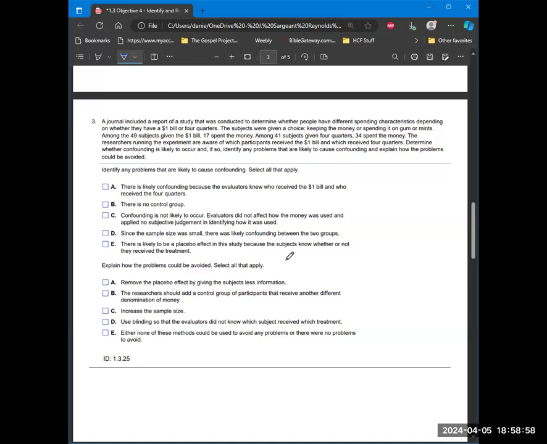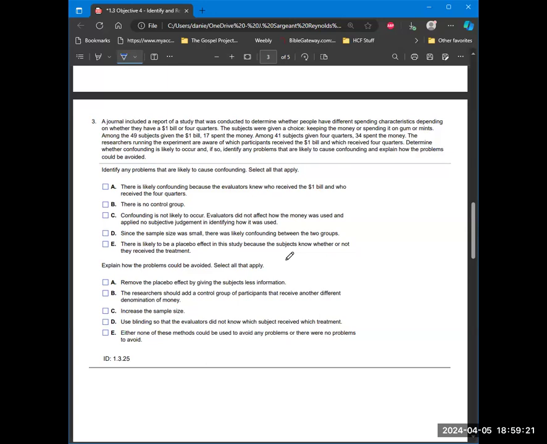So there's really no need to have any blinding here because everybody is making a choice and is aware of which group they're in. There's no need to try and hide that information.